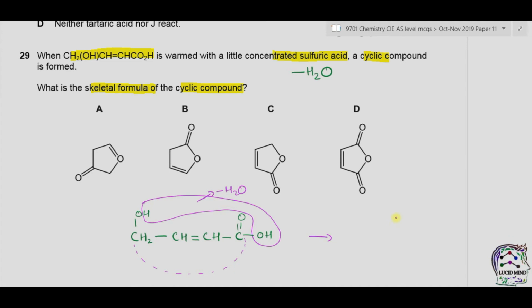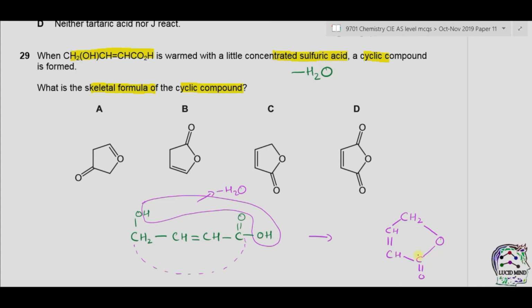So we can draw the cyclic structure like this. We have CH2, then CH double bonded with another CH, then we have the carboxylic acid carbon, then oxygen, and then this carbon is attached with the oxygen atom.